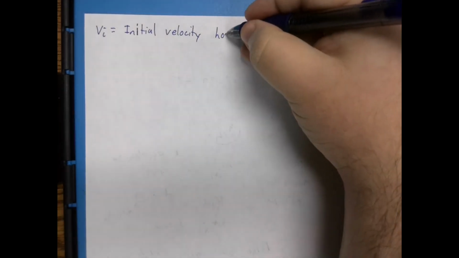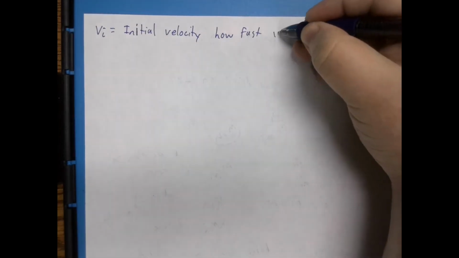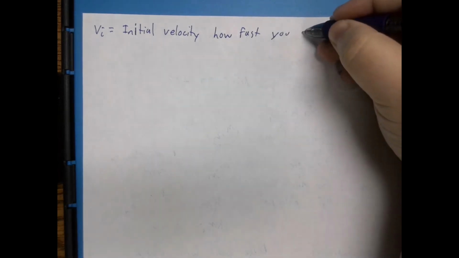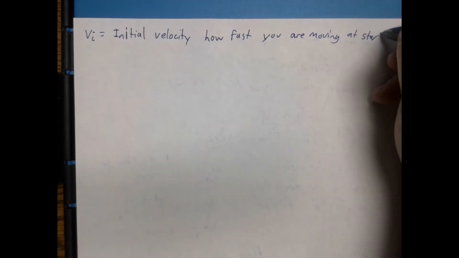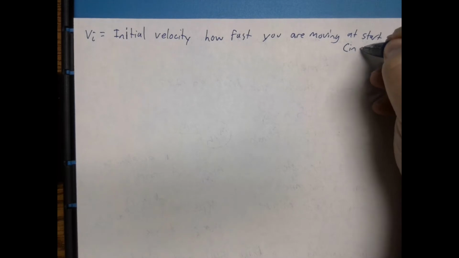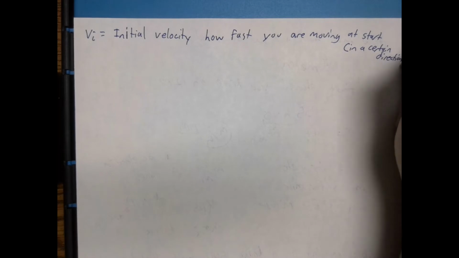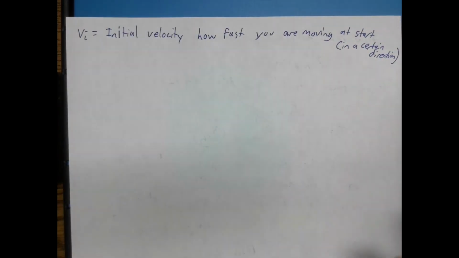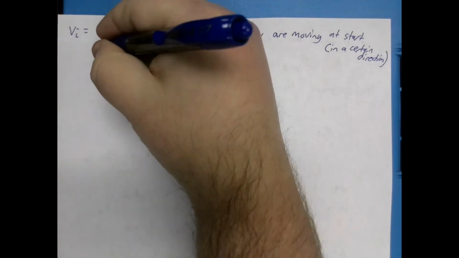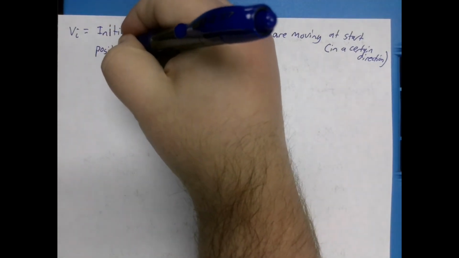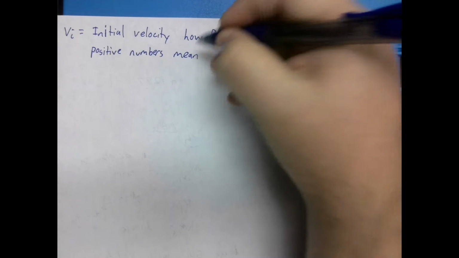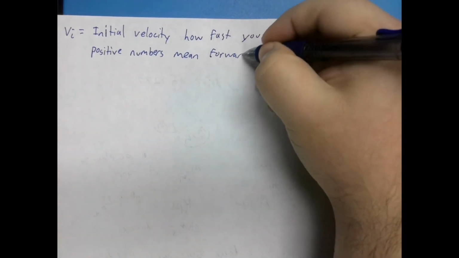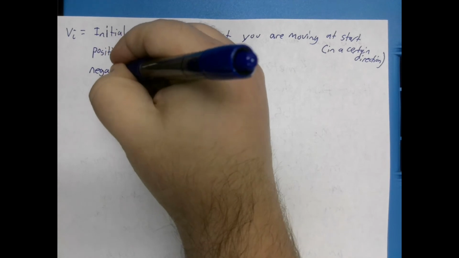So it's how fast you are moving at the start, in a certain direction. Usually how we write the direction is positive numbers mean forward, and negative numbers mean backward.